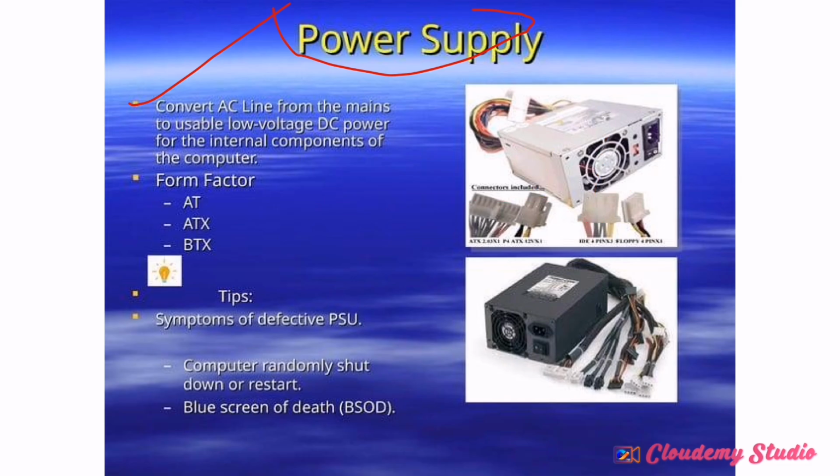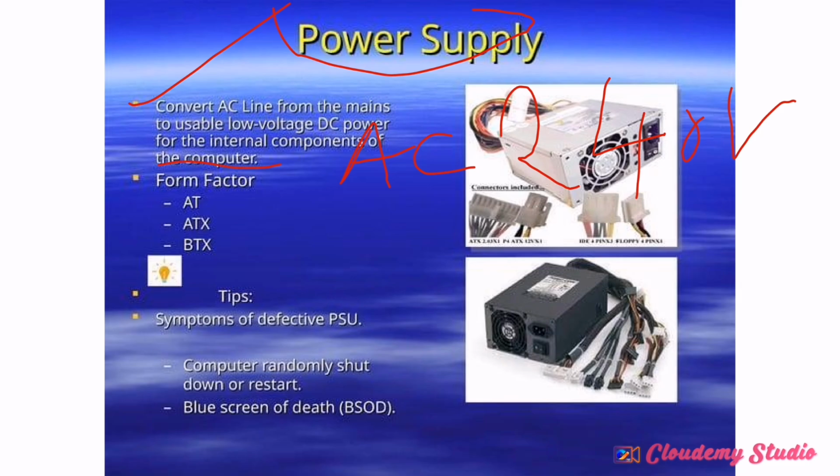So this power supply is going to receive 240 volts power from the AC directly. Now it is going to convert this 240 power to a lower voltage, a DC, direct current, because that is what is required for the internal components of the computer.